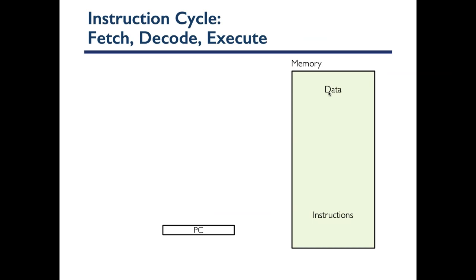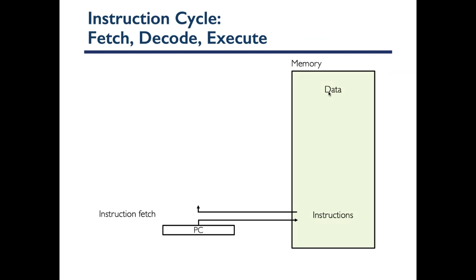So this should be a familiar graph for most of you. You have your instructions and your data. Your program counter is going to point to an instruction that should be executed at this cycle.